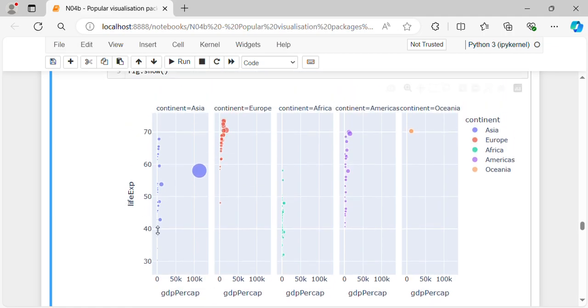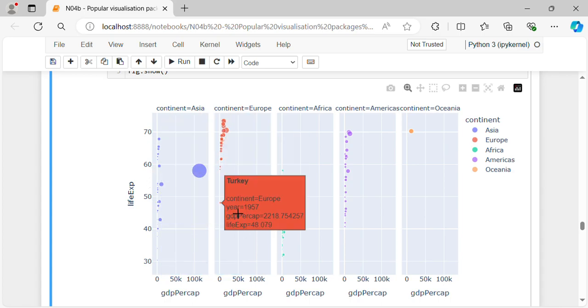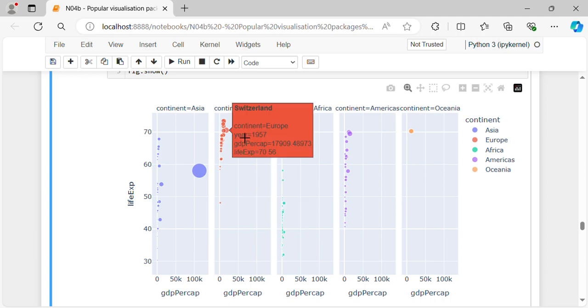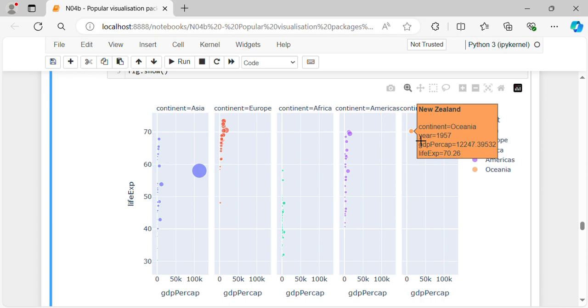So we can see that the life expectancy for Asia is from around 40 to 70, and for Europe is around 50 to 75, and for Africa is around 30 to 60, and for America around 40 to 70, and for Oceania there is only one country.